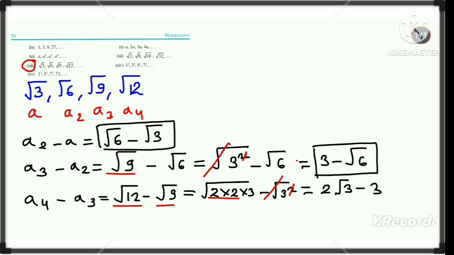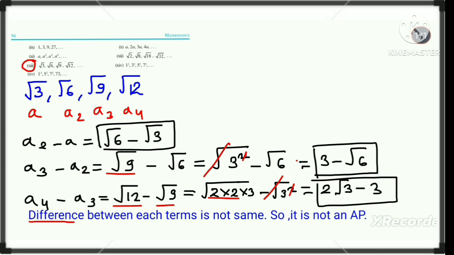In this way we obtain the difference between a4 and a3, that is 2 root over 3 minus 3. Okay students, in this way we came to know the difference between each term is not the same, so we can write the difference between each term is not the same, so it is not an AP.